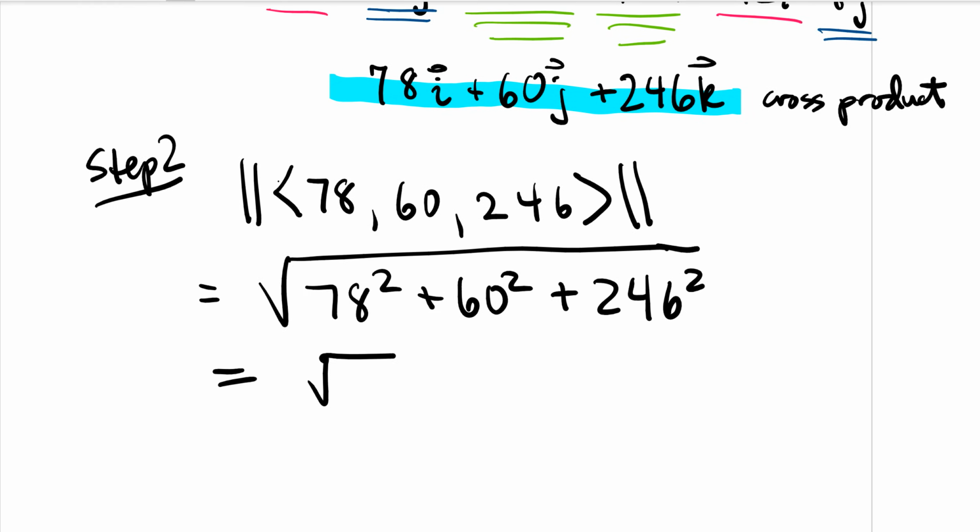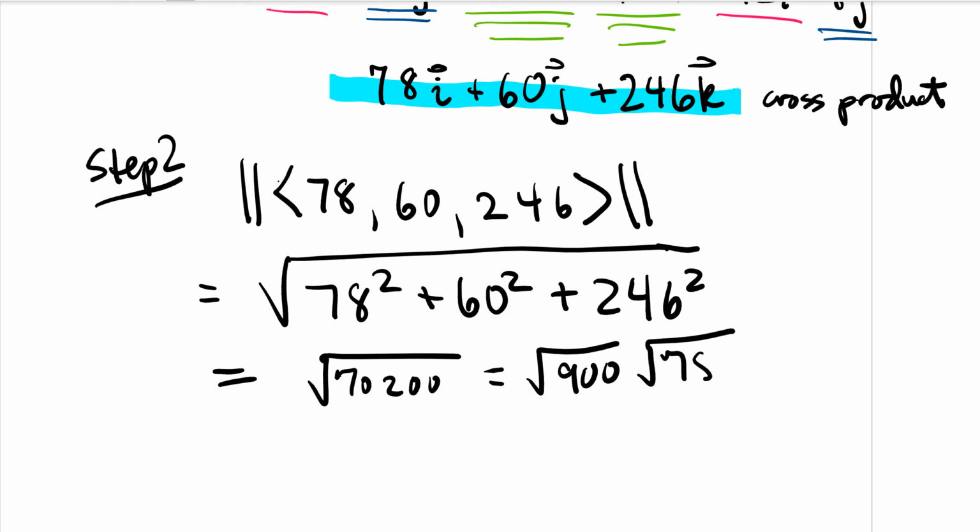This turns out to be the square root of 70,200, and 70,200 is 900, which is a perfect square, times 78. So 30 radical 78 is the exact simplified radical form of the length of this vector.